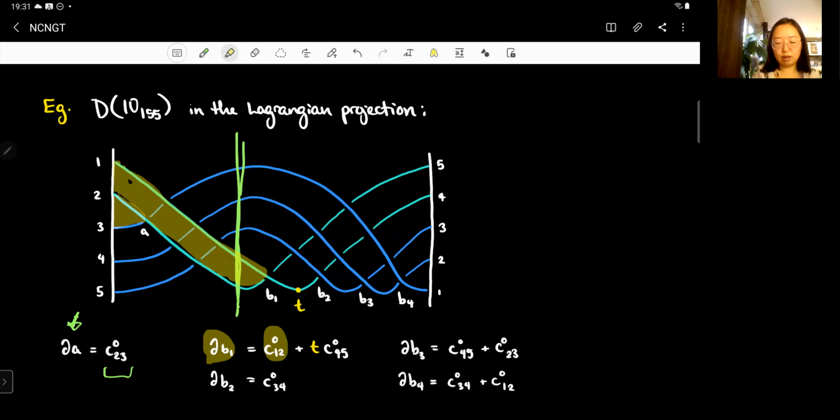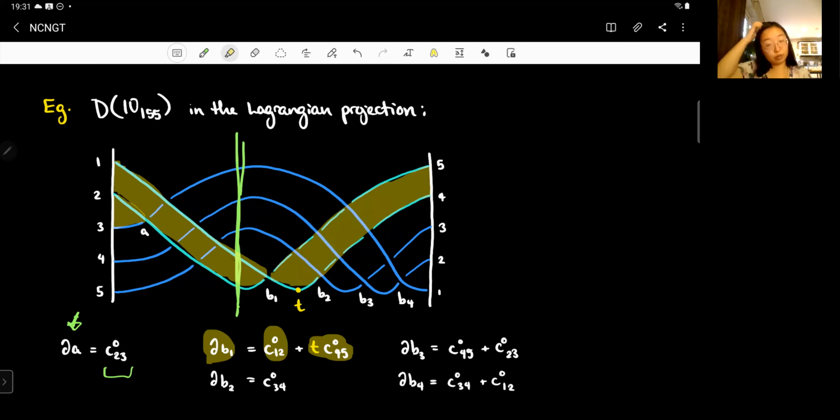And then we also have a second disk, which is T times C0 of 4, 5. So this T is given by passing over this marked point, and we have a corner at the one handle from this fourth strand to the fifth strand. So that's the C0 of 4, 5. Okay, and the rest of the corners are given in the same way.